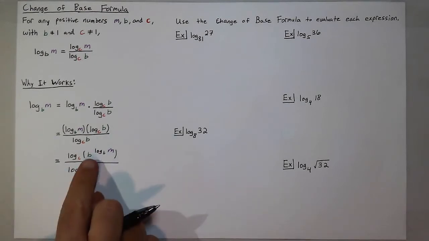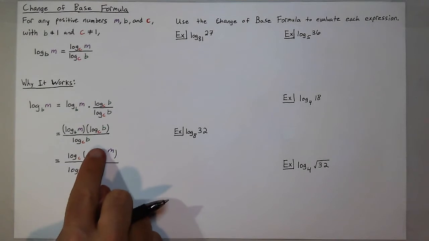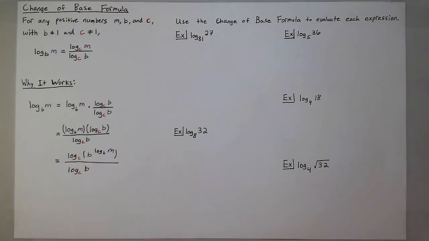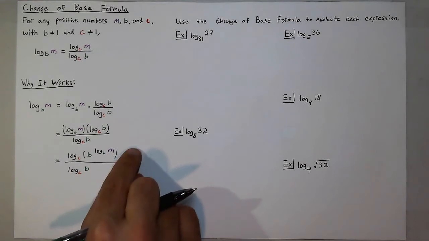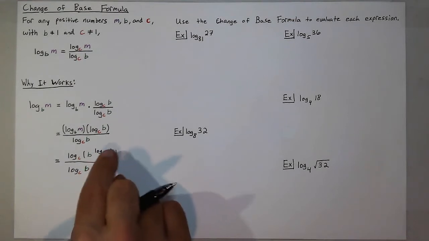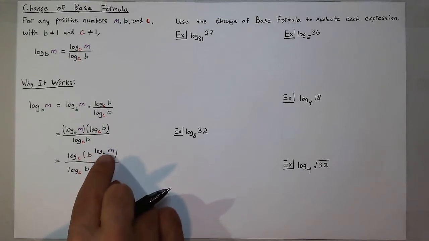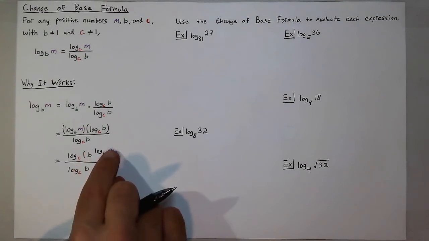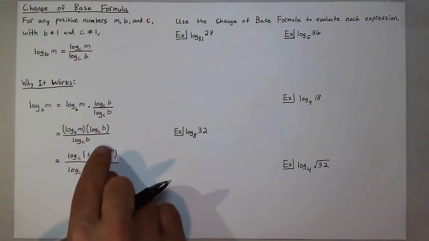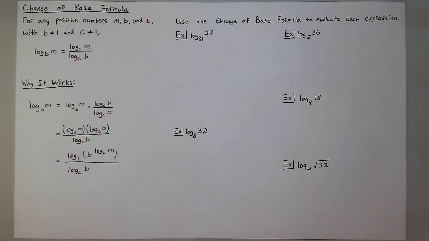The question now becomes, how does b to the log base b of m simplify? Now, if a logarithm is equal to the power you raise the base to get the inside number, it would make sense that log base b of m is the power we raise b to get m. So b to the log base b of m should just be m, since the log represents the power you would raise b to get that.